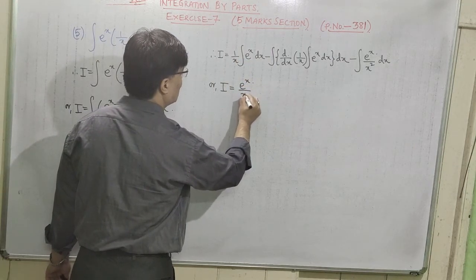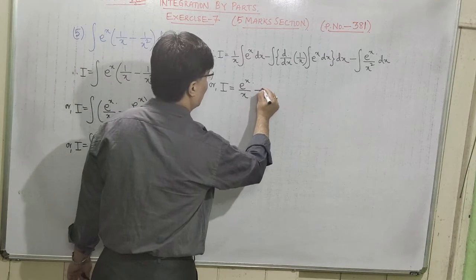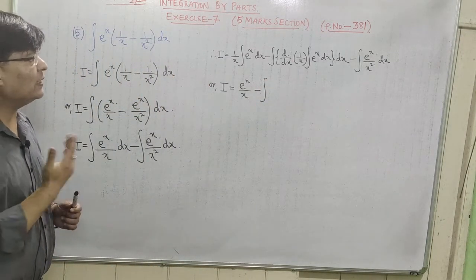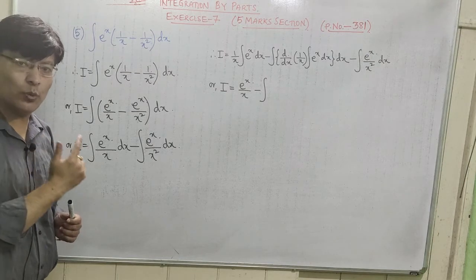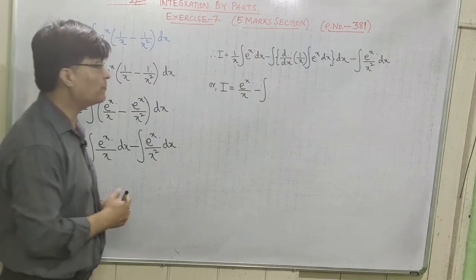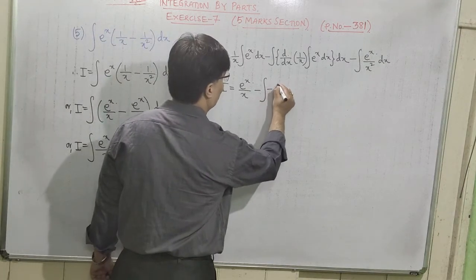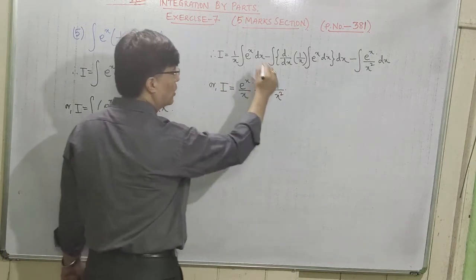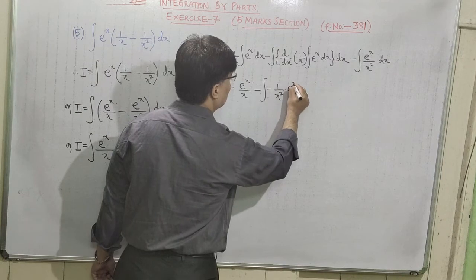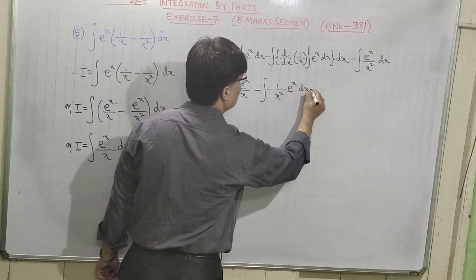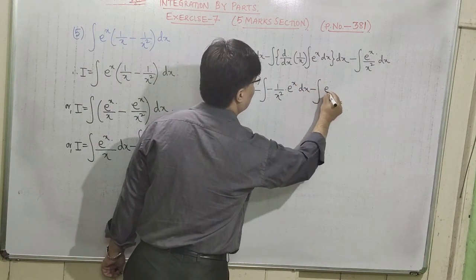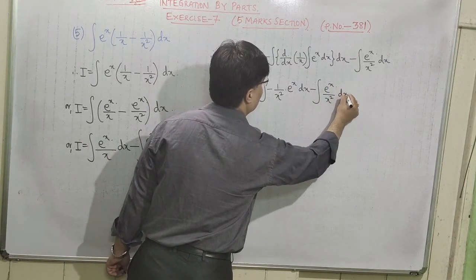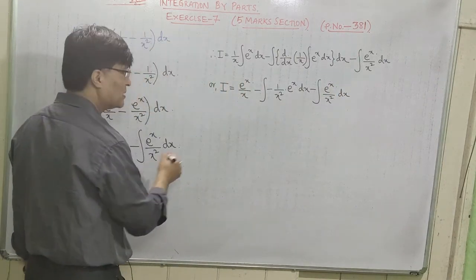E to the power x upon x minus integration of, you can directly differentiate 1 upon x with respect to x. What is it? Minus 1 upon x square into, what is integration of e to the power x? E to the power x dx, minus integration of e to the power x upon x square dx, right?